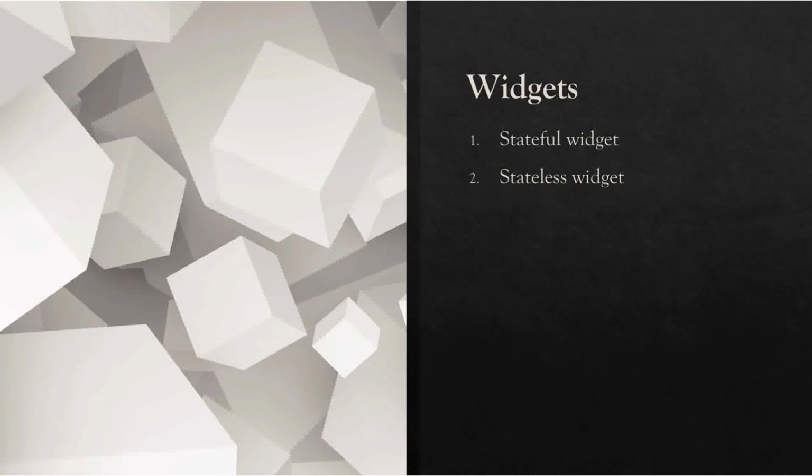Now, when we talk about Flutter basic concepts, we mean that we are talking about widgets. Now, what are widgets? Widgets are the same as classes. Now, what is a class? A class has properties and some actions, and we create a class instance through which we can access all those properties and actions of that class.